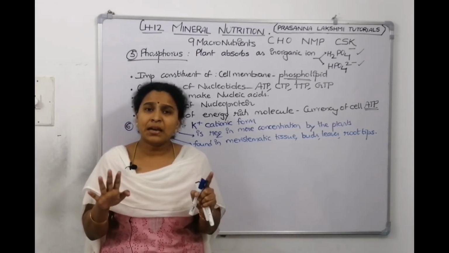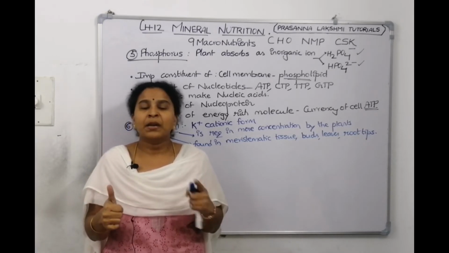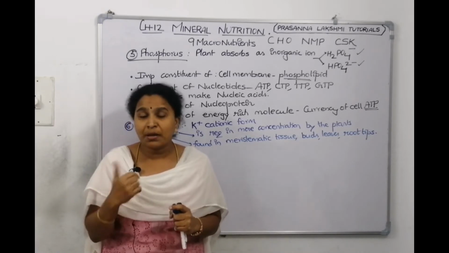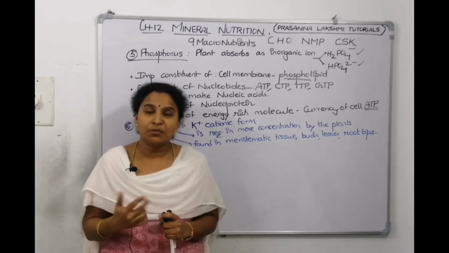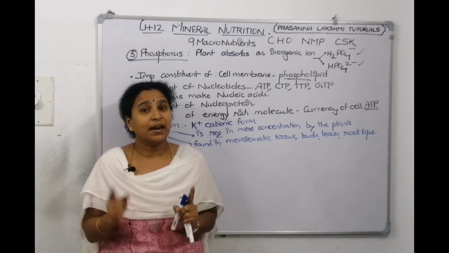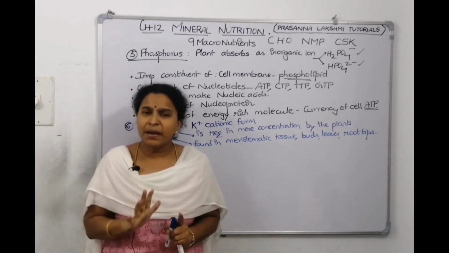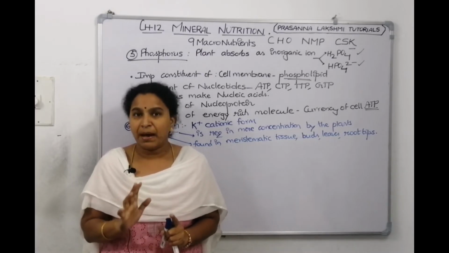Not all the elements can maintain cation-anion balance. Chlorine will maintain, potassium will maintain, sodium will maintain, calcium will maintain. So 4 elements I told. Now we are talking about potassium. We can tell one important physiological function of potassium is to maintain cation-anion balance, correct?